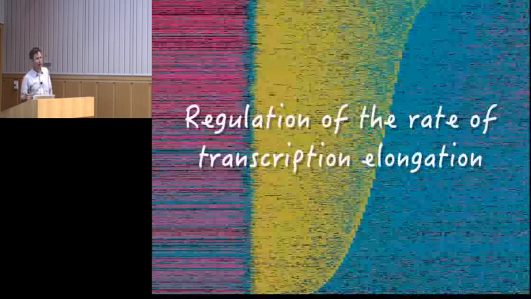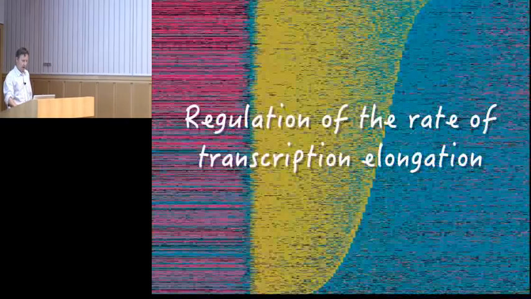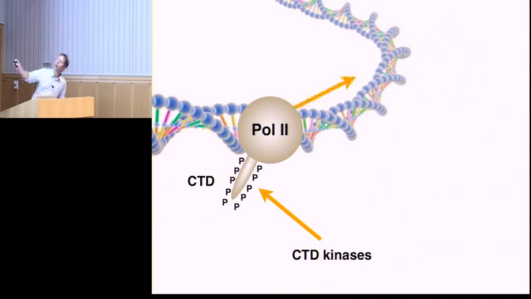All right, the second story is looking at the rate of elongation of RNA polymerase II down genes. To do this, we employed a chemical called BruDRB. Normally, when the RNA polymerase initiates, it lands on the promoter, and it waits.